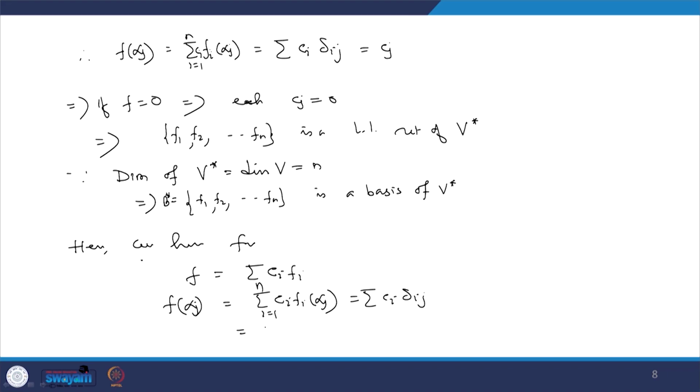So, this is equal to simply Cj. So, each coefficient C1, C2, Cn is nothing but f of alpha 1, alpha 2, f of alpha n. This implies the function f can be written as sigma f of alpha j into fj, j equal to 1 to n.